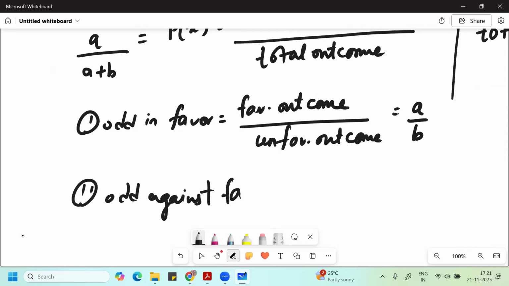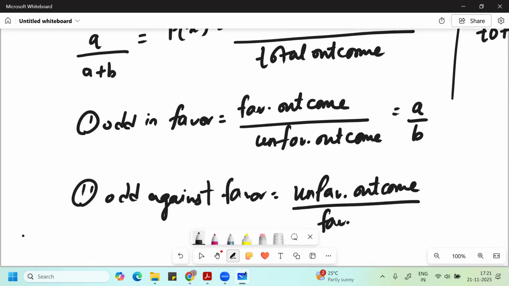If I talk about odds against, the formula for that is unfavorable outcome divided by the favorable outcome. That is odds against, and this formula is B by A. So you should know these terms called odds in favor, odds against, and the probability formula.